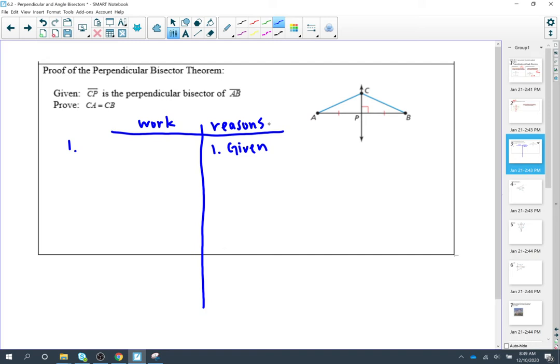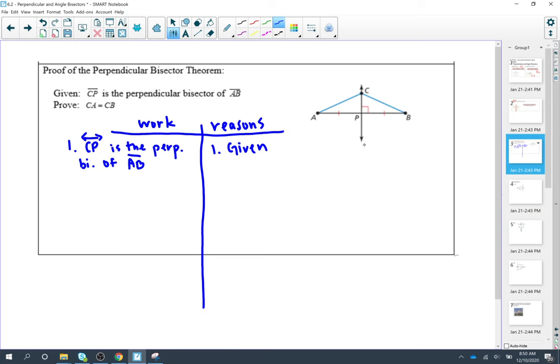Now, CP, which is a line, we're going to do two arrows there, is the, and I'm going to abbreviate, perpendicular bisector of AB. And notice on AB we don't have the arrows because AB in our diagram here is a segment.